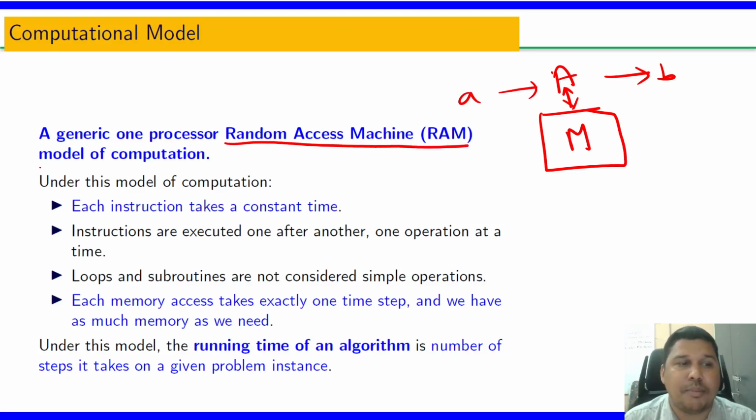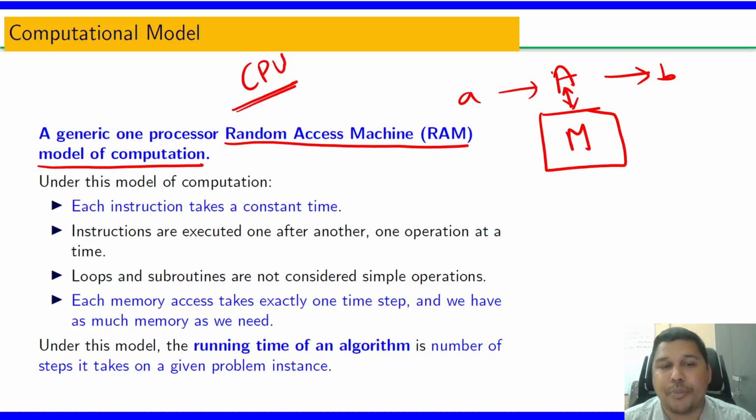This is one method of computation, because all our machines have RAM, right? A generic one-processor RAM model of computation. So like our CPU has RAM, right? If we are following the RAM model of computation, how does it calculate the time? How does it actually find the time taken for running this algorithm?